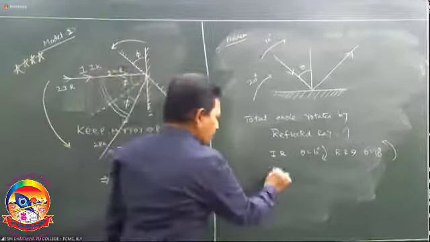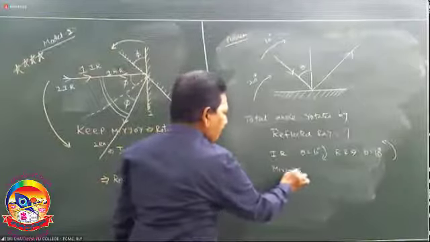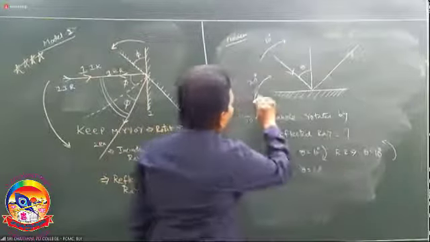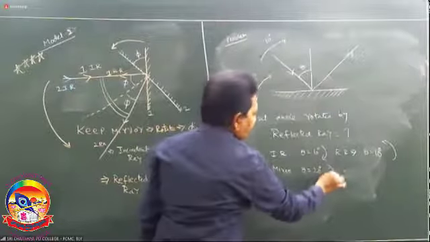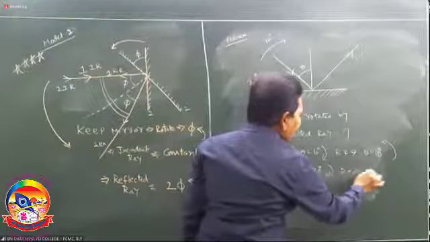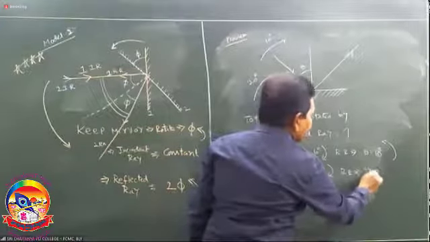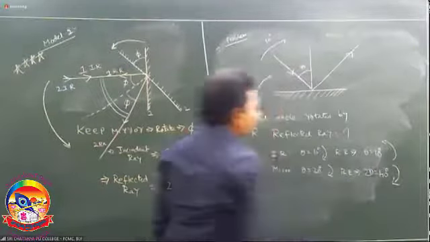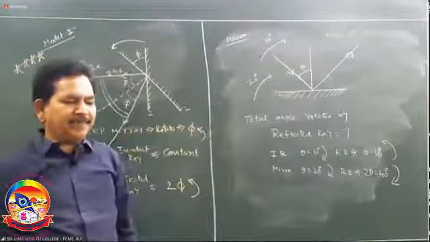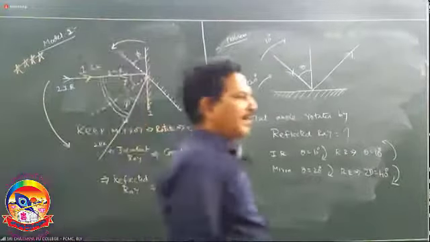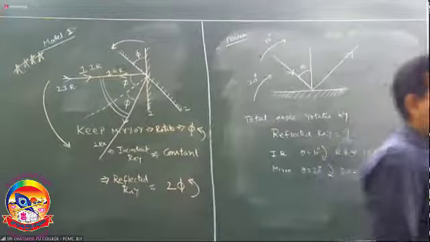Now, the mirror is rotated. If the mirror is rotated by 20 degrees clockwise, then the reflected ray rotates by 40 degrees. Why 40 degrees? We know, if the mirror is rotated by theta, the reflected ray is rotated by 2 theta.